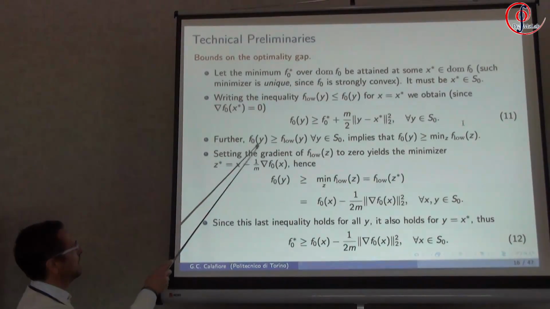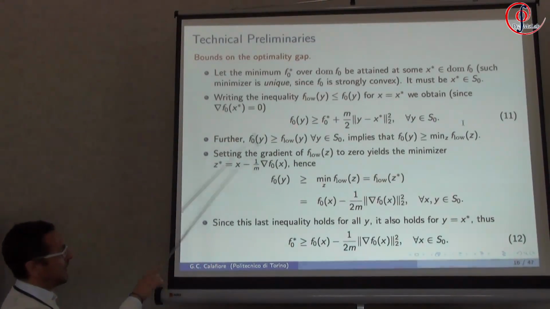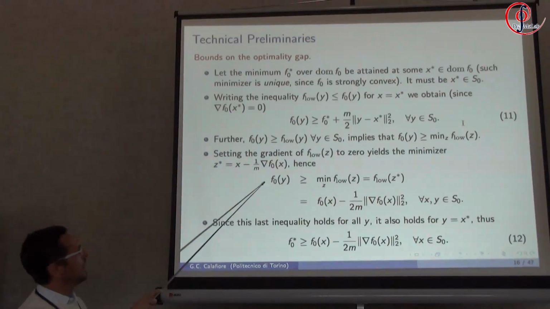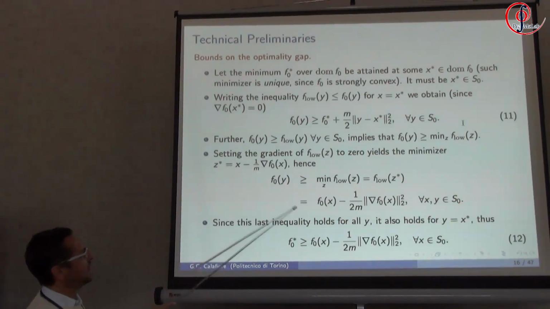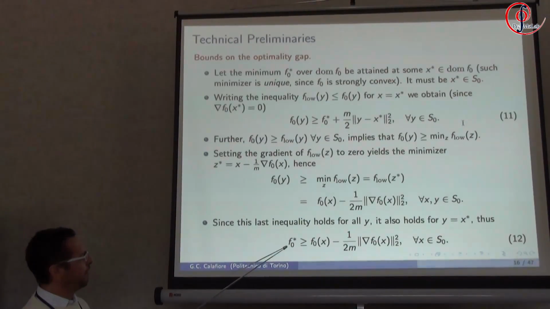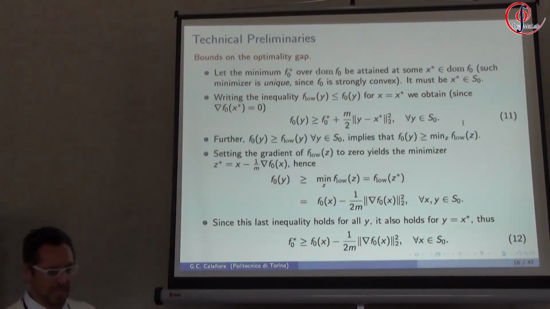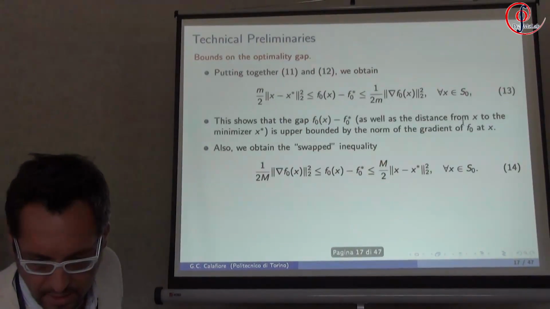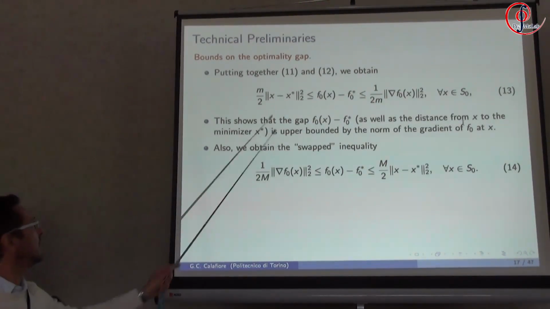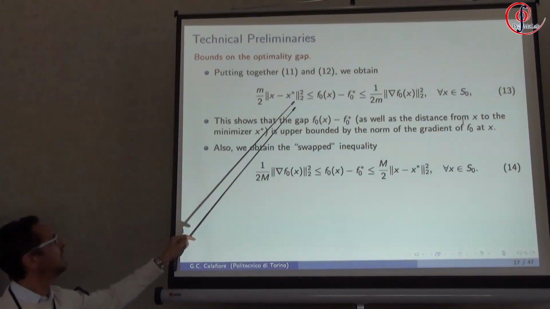From this inequality, skipping some details, we can obtain this second inequality. And therefore we obtain this fundamental thing, which I put together in this other slide, and this is an important point.